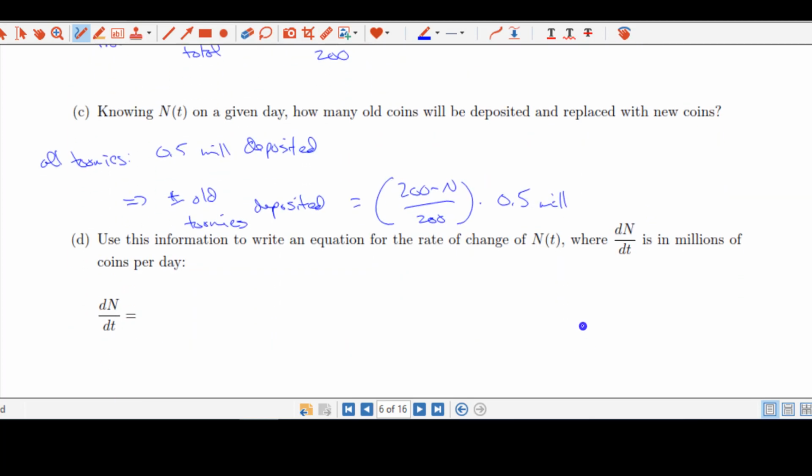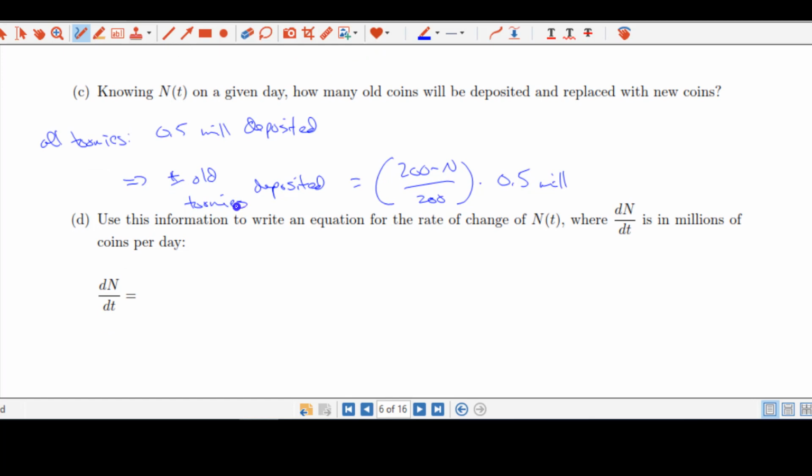At the end of the day, this is the rate per unit time, because this is per day, so we could actually write this out as the change in the number of new coins, because that's what this number defines. It's the number of old coins that comes in, and so it's also the number of new coins we get, which is 200 minus n over 200, per day, times 0.5.